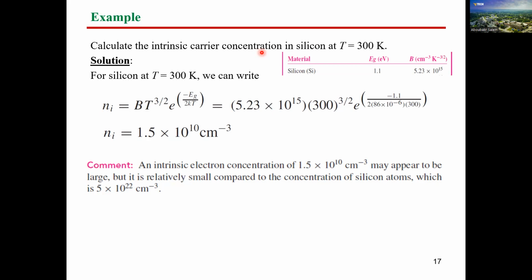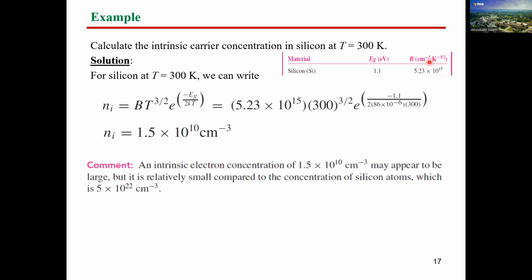We need to calculate this at a temperature of 300 Kelvin, which is room temperature. Again, I got the numbers from the previous slide. For silicon, the energy needed is 1.1 electron volt, and the coefficient B is 5.23 times 10 to the power 15.